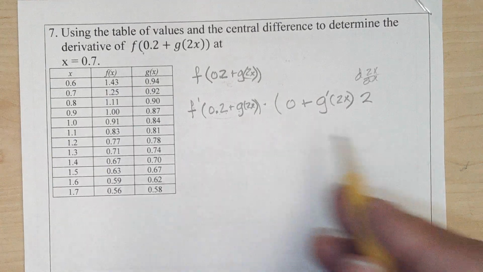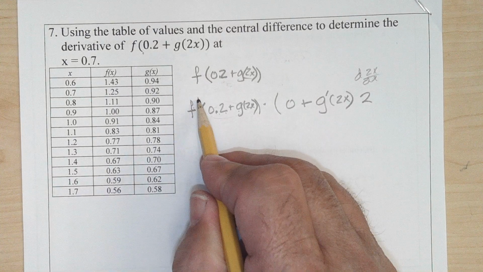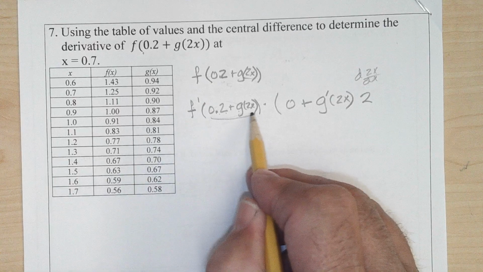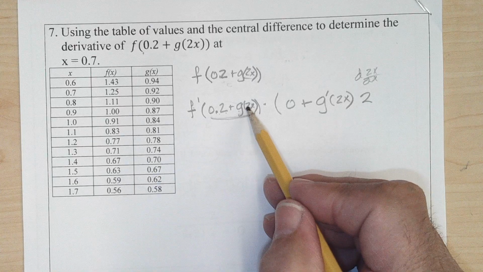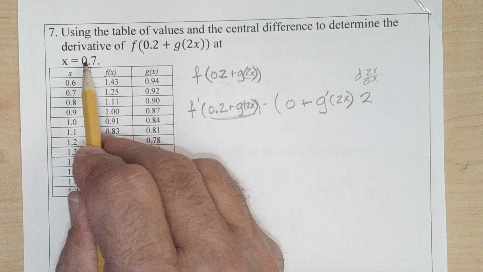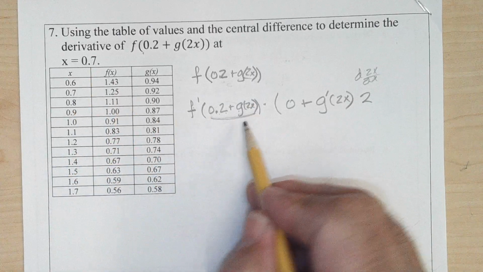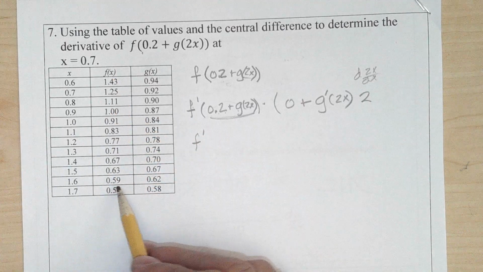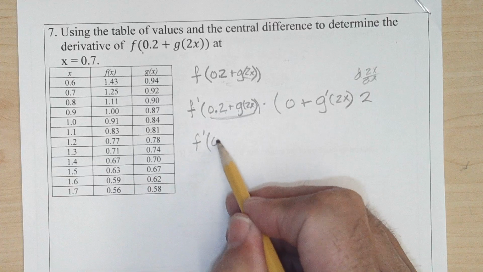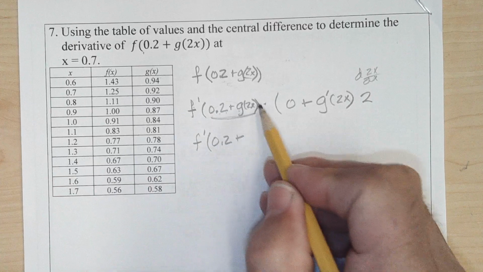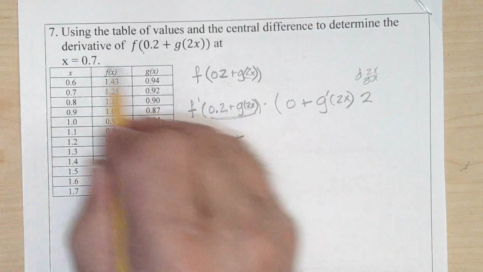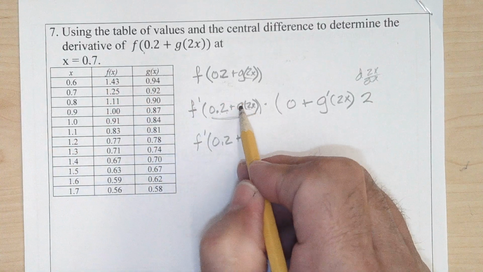So we need the slope of f at this place. Well, what is that place? Well, 2x is 1.4. So we're finding the slope of f at 0.2 plus g at 1.4, because we're doing 2 times 0.7, 1.4.